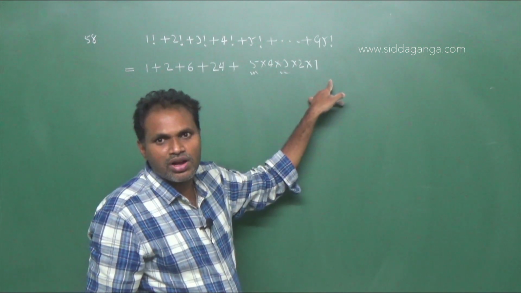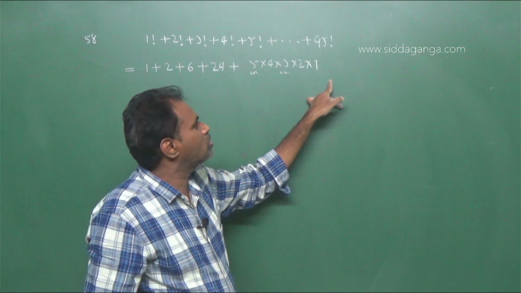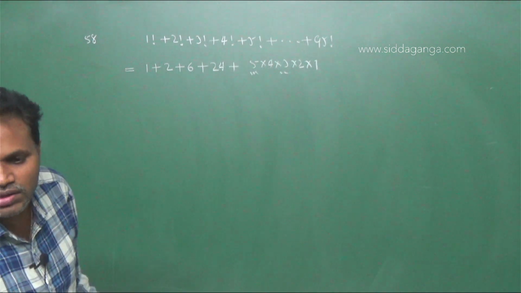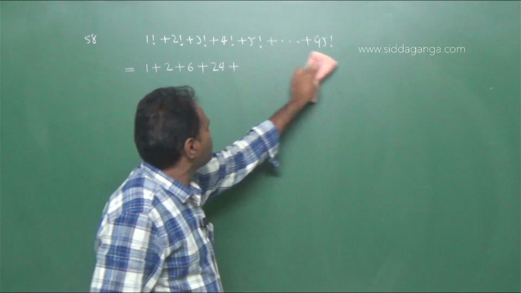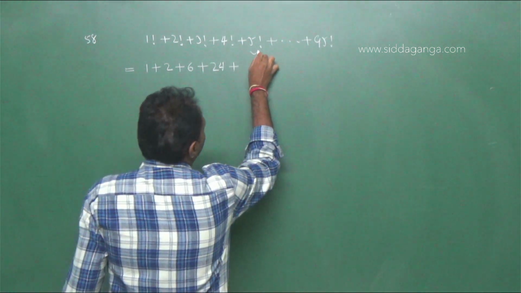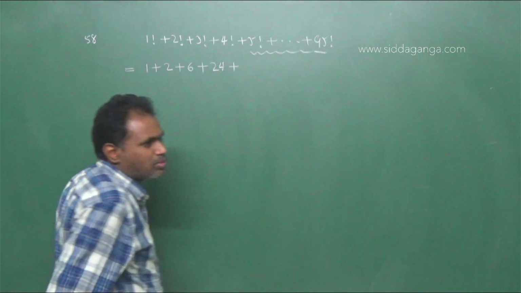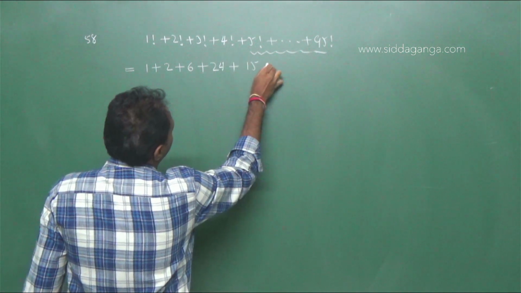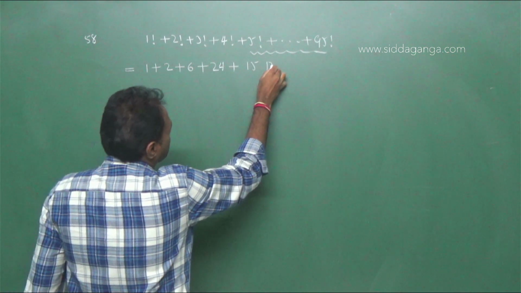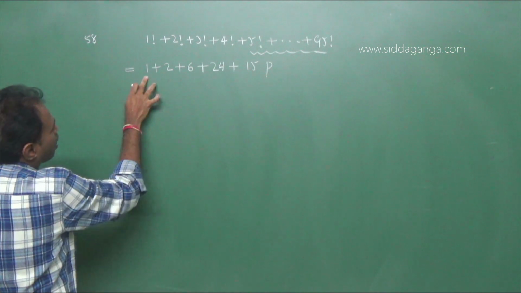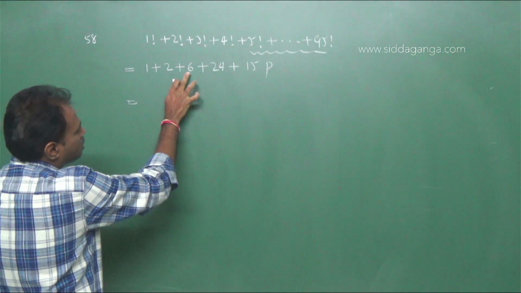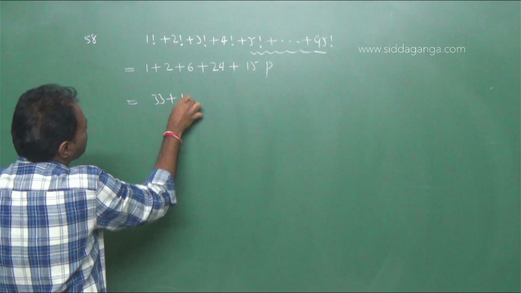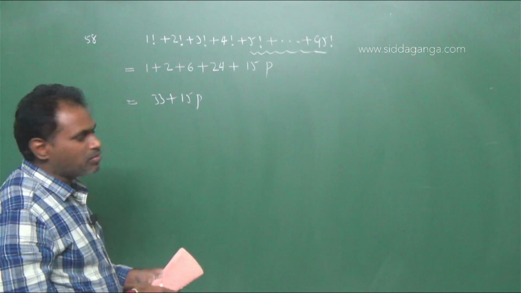And in 6 factorial also 5 factorial is there. Therefore, there also you get 15. Means from 5 factorial onwards, every term contains 15. Therefore, 15 take common, 15 into P. Therefore, 1 plus 2, 3, 3 plus 6, plus 24, 30, 30 plus 3, plus 15P.